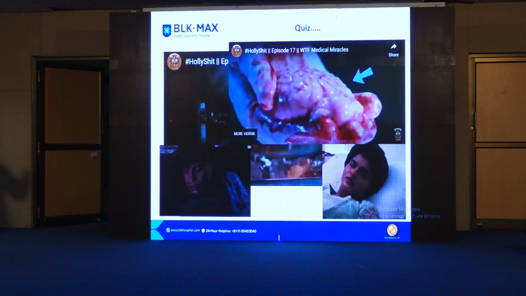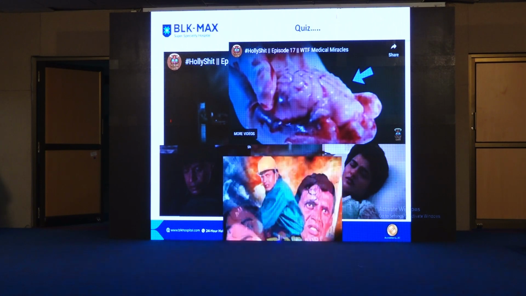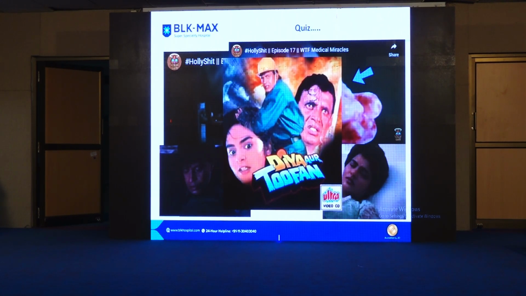Yeah, and heat inactivated, no issues with respect to bacteria, fungus, virus, etc. And then fantastic, she wakes up and she becomes Mithun Chakravarti in a woman's body. God, if only this is how it would be, life would be very simple. And the movie's name is Diya or Tufan, assuming that most of us would not know the name, I have given the name above.